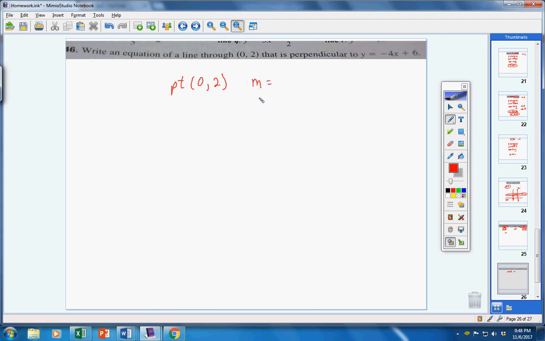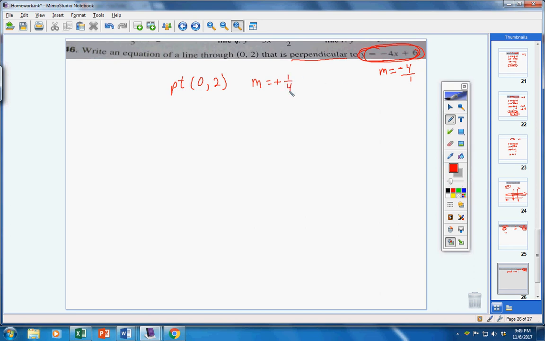Remember, guys, if I know the line I'm looking for is perpendicular to this line here, and look, y is by itself, what's the slope of this line right here? It's -4, right? So, if the slope of this line is -4, then take this, change the sign, and then flip this. 4 is really over 1, so when you flip 4 over 1, you get 1/4.